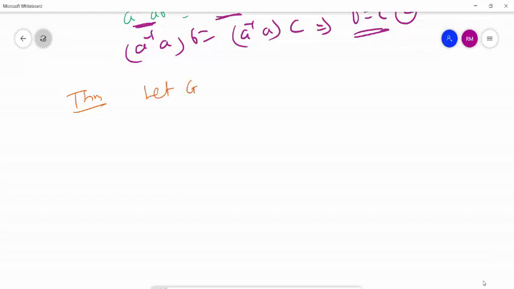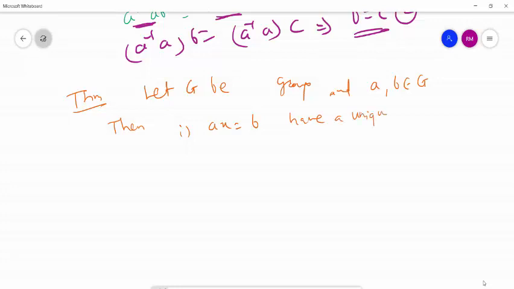Let G be a group, and a and b be two elements in G. Then ax equals b has a unique solution. Such type of problem may be asked in exams.